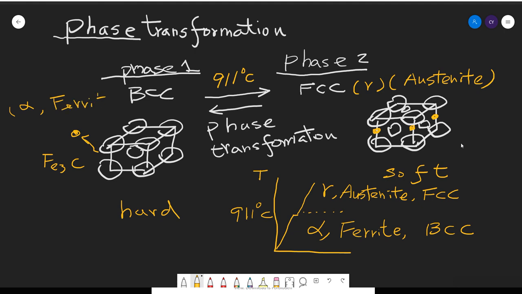All the same idea, the same material. So 911 degrees is a very important temperature. We call it the phase transformation temperature.